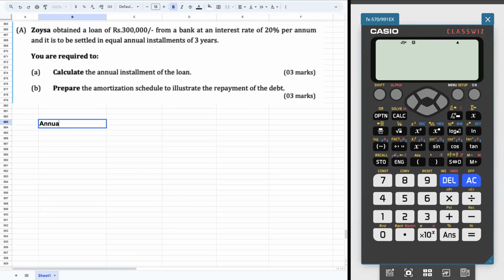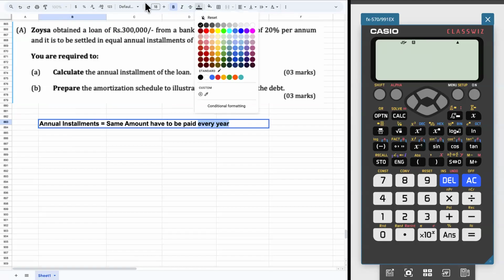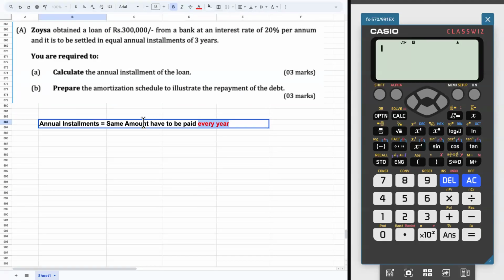Annual installments means the same amount has to be paid every year. So I'm going to highlight this for you: every year and same amount.